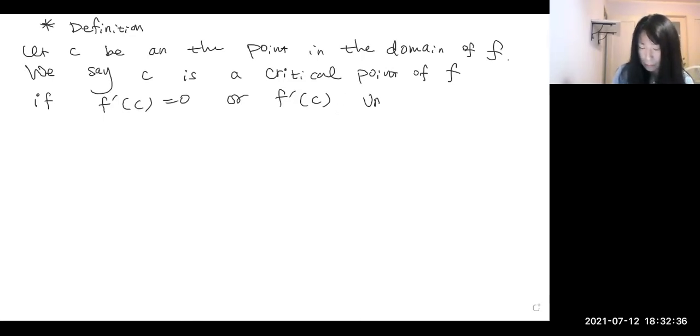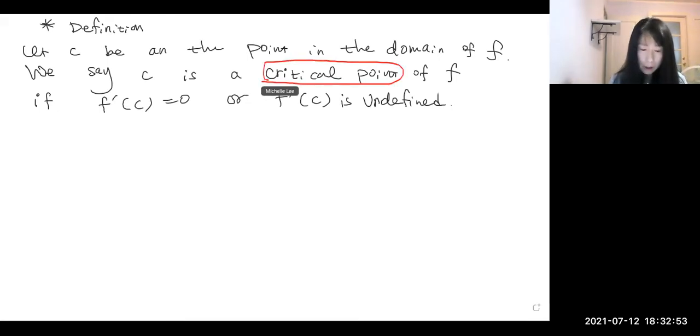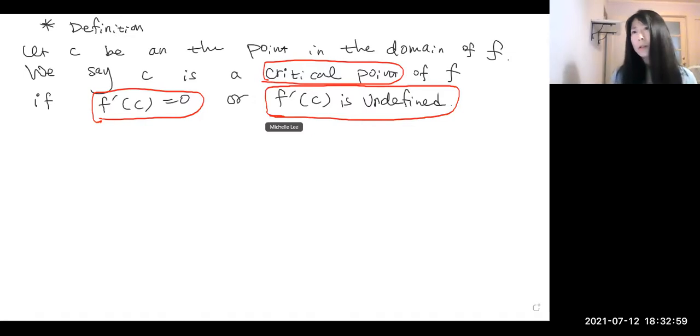Okay. All right. Then what is it telling us? Critical points: when f prime of c equals 0 or f prime of c is undefined, that is a critical point c.